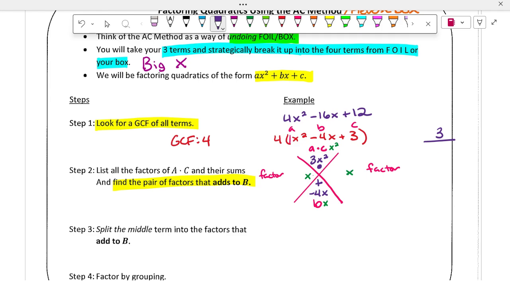What's the only factors of that? -1 and -3. And how do we know they're both supposed to be negative? Because we're multiplying to a positive number, but adding to a negative number. Since it's multiplying to a positive, that means both signs have to be the same. And we're adding to a negative, so that means both signs have to be negative. So I'm going to put 1 and 3.